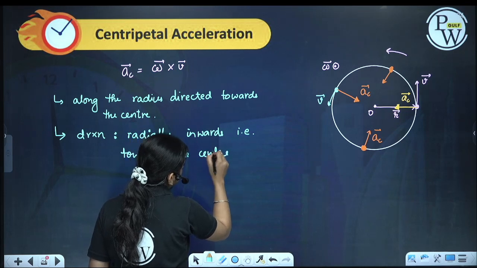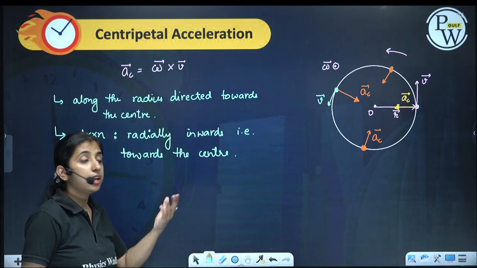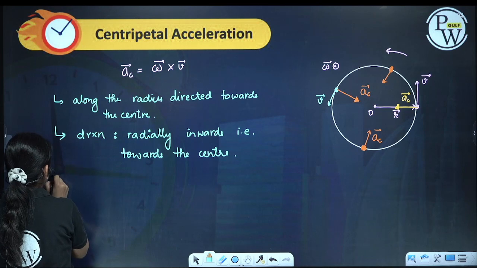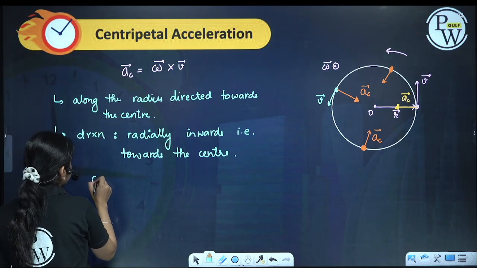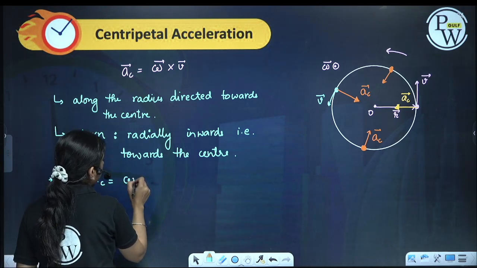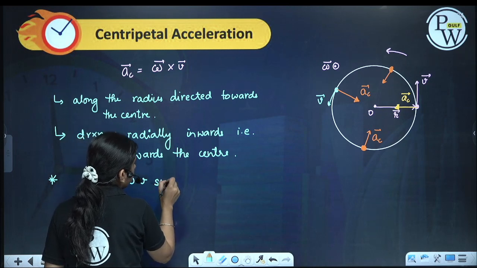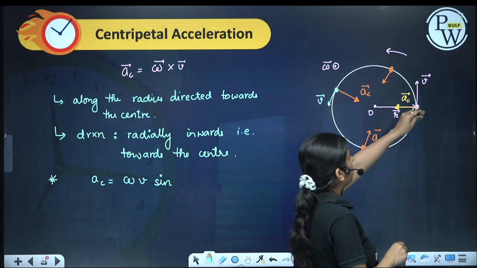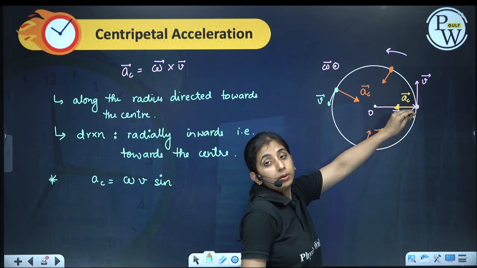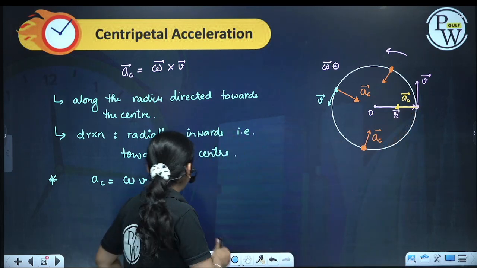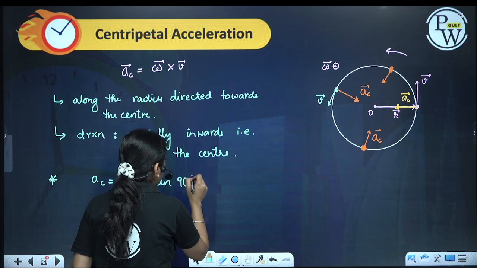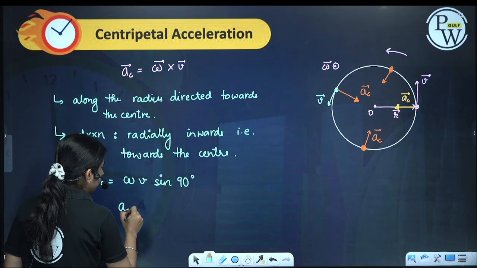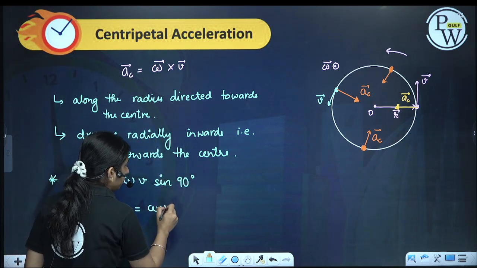Now let us find the magnitude. AC will be equal to omega into V into sine of the angle between them. What is the angle between velocity and omega? The angle between velocity and omega is 90 degrees. So it will be sine of 90 degrees.